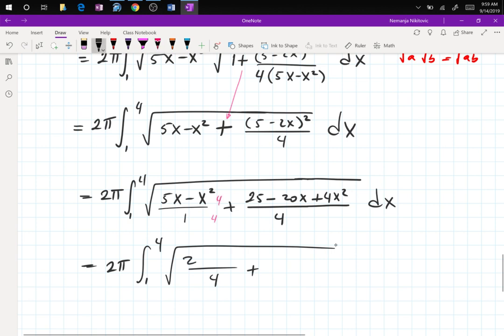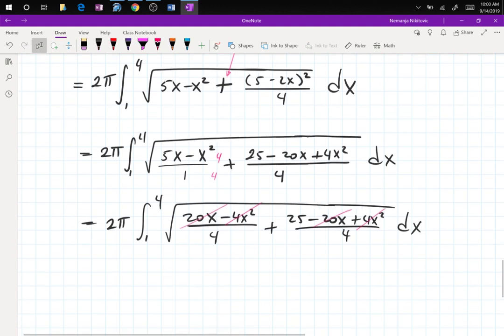That's 20x minus 4x squared over 4 plus 25 minus 20x plus 4x squared over 4 dx. And now 20x, negative 20x, negative 4x squared, positive 4x squared.